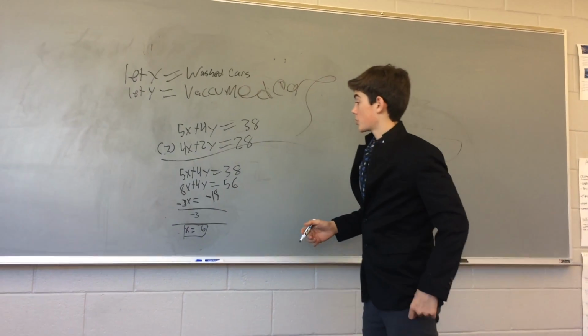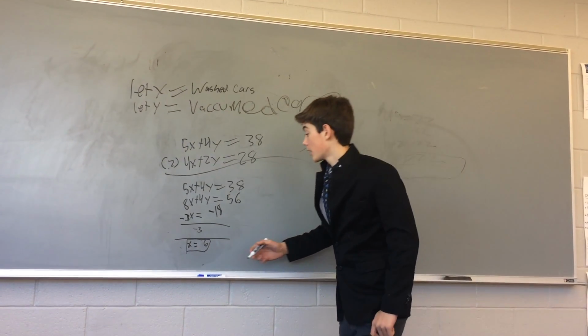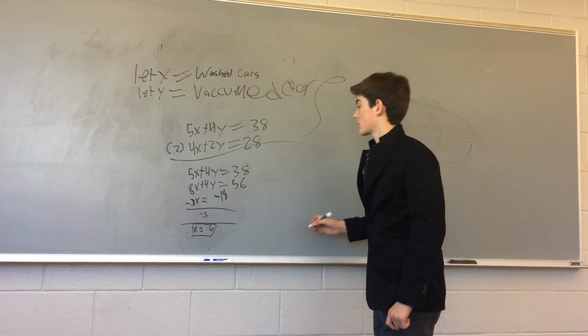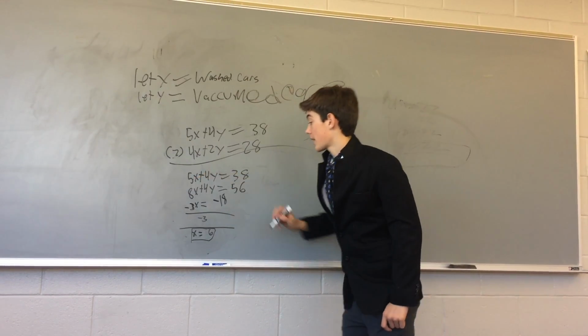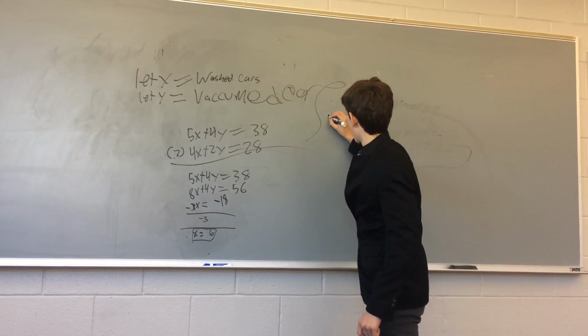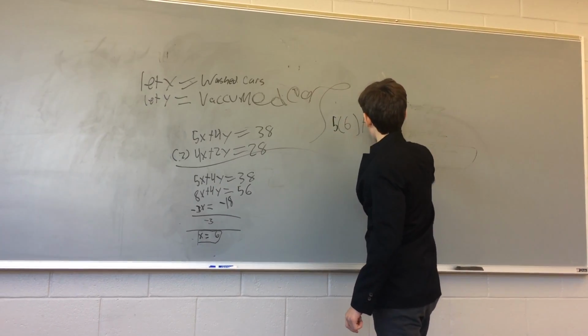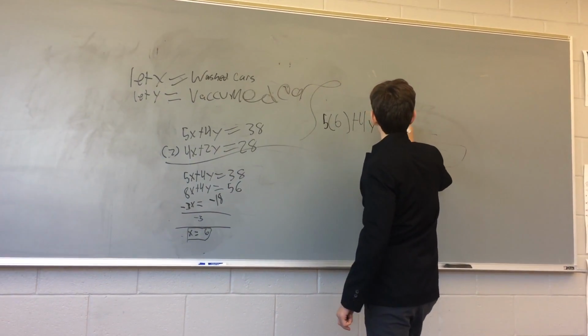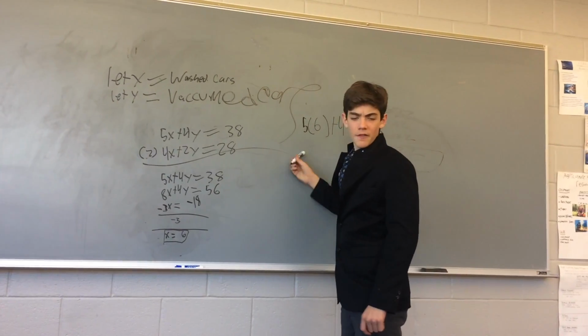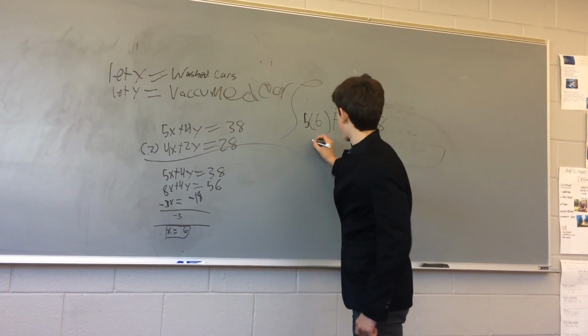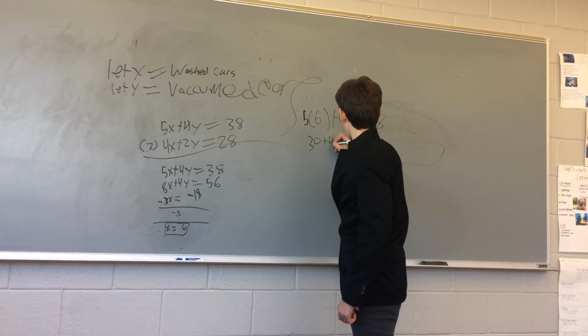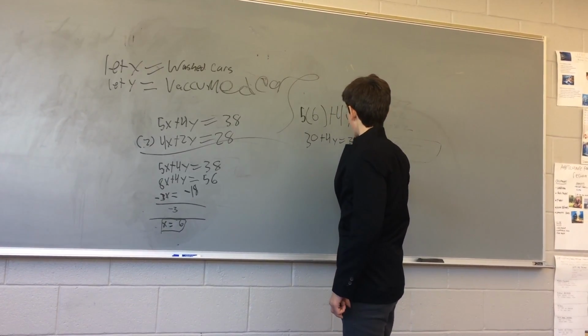Okay, so now we're going to solve for y. We're going to put the x back into the equation. So instead of 5x, it's going to be 5 times 6. So 5 times 6 plus 4y equals 38. 5 times 6 is 30, plus 4y equals 38.